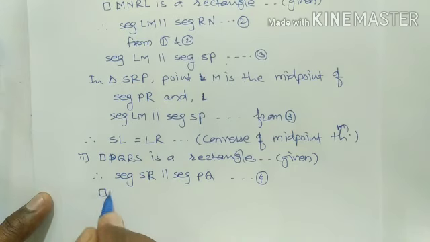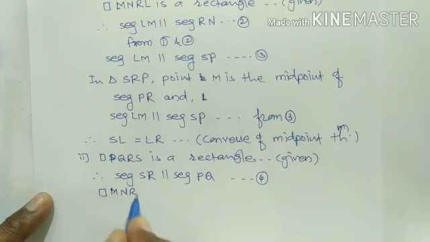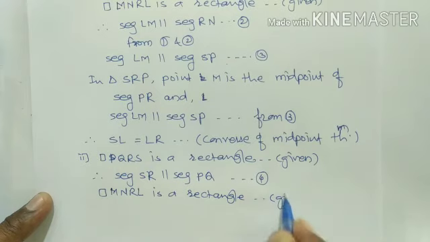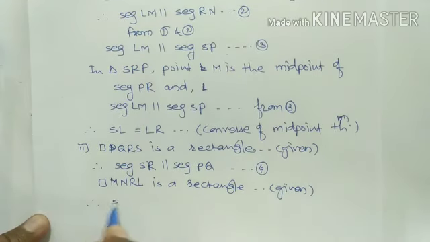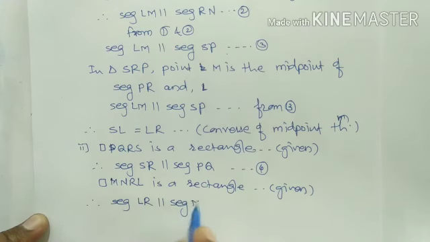Then quadrilateral MNRL is a rectangle. It is also given, and therefore seg LR parallel seg MN. Number 5. Segment SR and segment LR are on the same line.